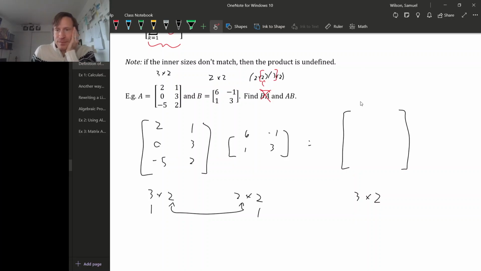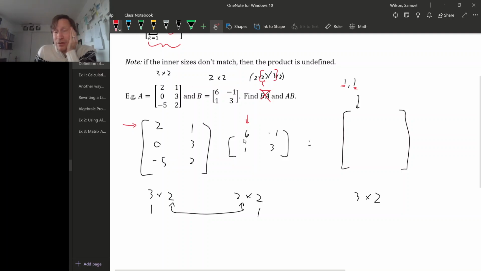Okay, now let's work out this first spot. This is the 1, 1 spot. And what our formula says is, to get the 1, 1 spot, we need to use row 1 from A and column 1 from B, like this. What we do is just multiply corresponding entries and then add them up.